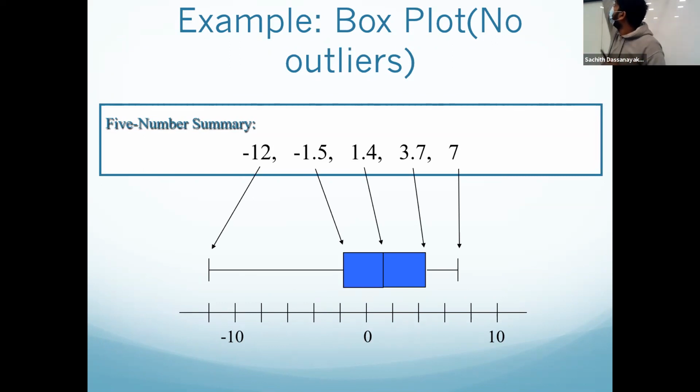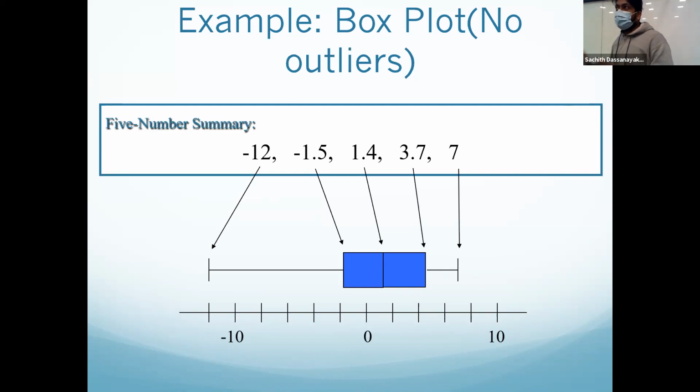Normally we end them using vertical lines at the beginning and at the end. You can see here the gap between minimum and Q1 is larger than the other gaps, right? Because the gap between -12 and -1.5 is much larger than the other gaps.